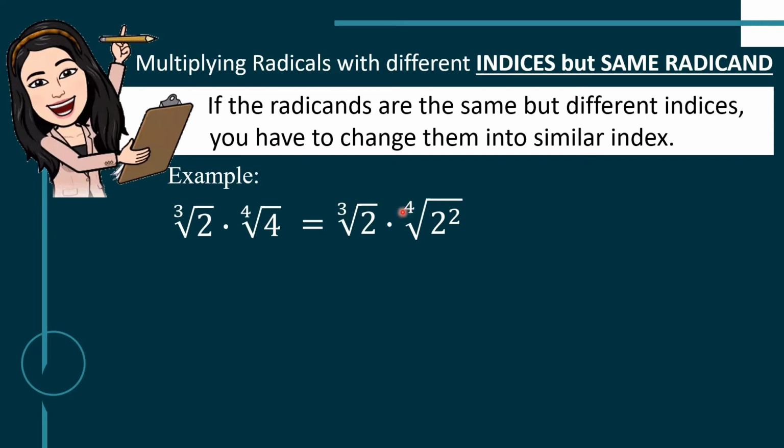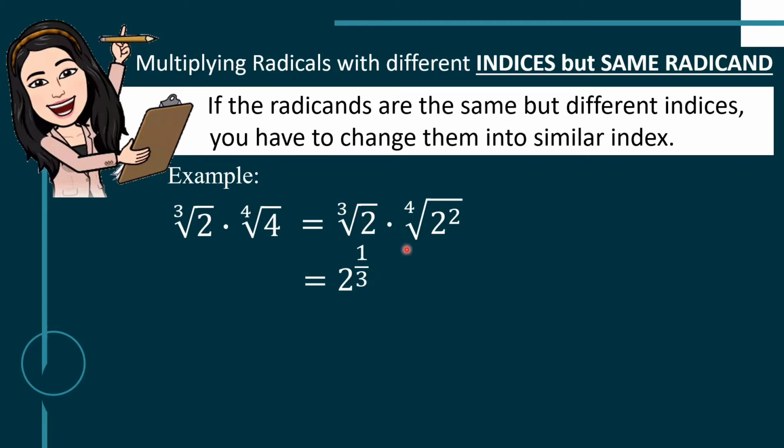So, therefore, we can apply again what we did doon sa ating unang example. Again, let us rewrite it into exponential form. Ito ay magiging 2 raised to 1/3. Tama ba? Okay.